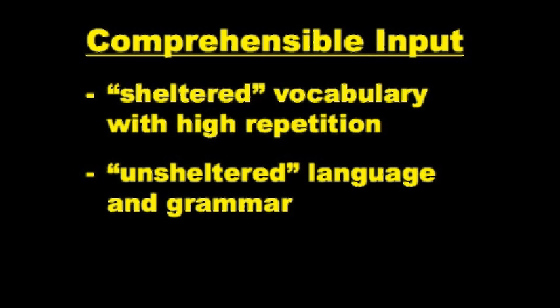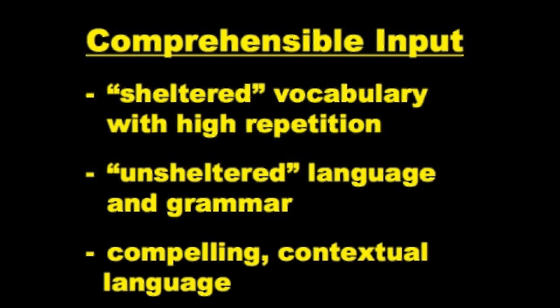We try to use as many of the concepts simultaneously from the beginning as we can, and just trust that your subconscious is going to pick up the grammar that's in that language in usage through lots of repetition and through natural, meaningful conversation. And that comes to the last principle of comprehensible input, is that it's meaningful, it's compelling, it's contextual.